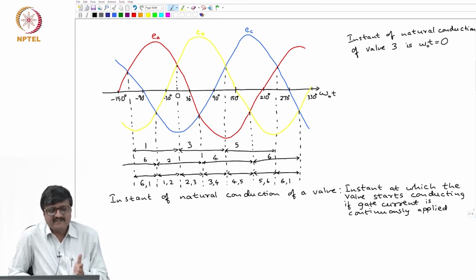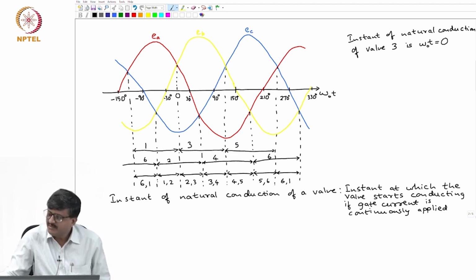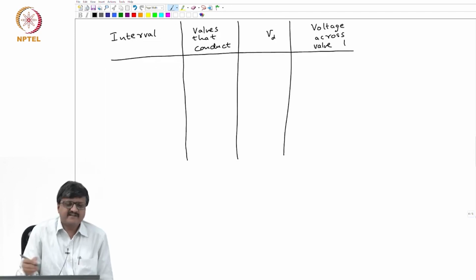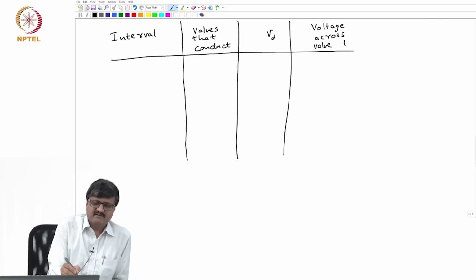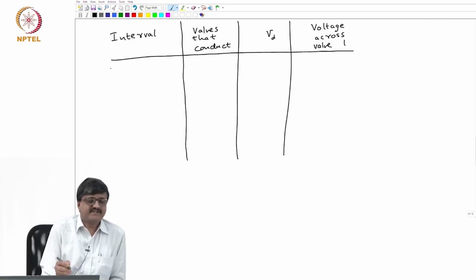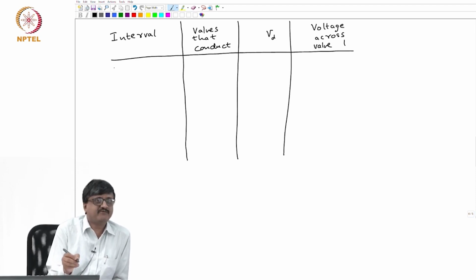Here the gate pulses are as good as giving a gate pulse at 0 for valve 3, at 60 for valve 4 and so on. In general it is alpha for valve 3, alpha plus 60 for valve 4, alpha plus 120 for valve 5 and so on. So, I can consider the cycle of 360 degrees to be divided into 6 equal parts.